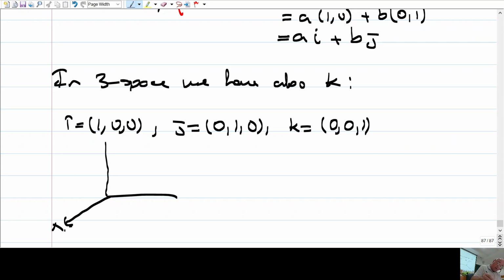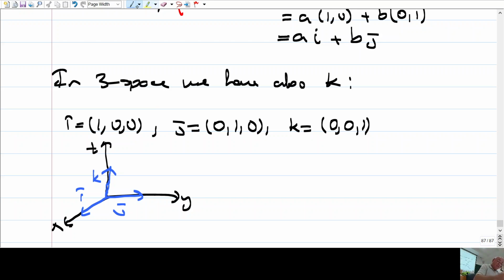Here I have X, Y, and Z. And i, j, k are just the vectors i, j, and k. They are unit length vectors parallel to the x, y, z axes.